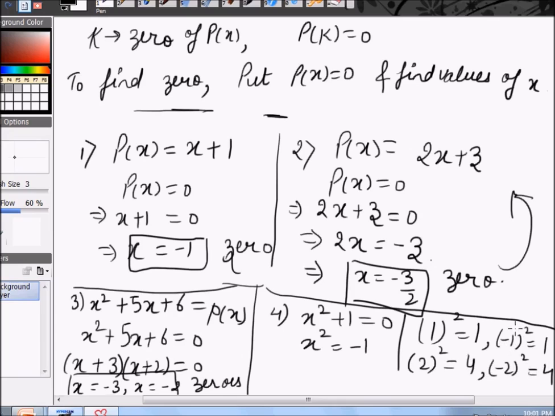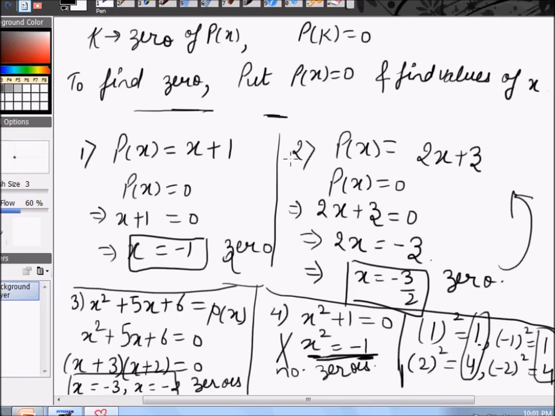That is, even the square of a negative term is a positive term. Therefore, the square of a term can never be a negative term. But here, the square of a term is giving us a negative term. Therefore, it is a contradictory statement and it can never be possible. Thus, in such a case, we have no zeros at all.